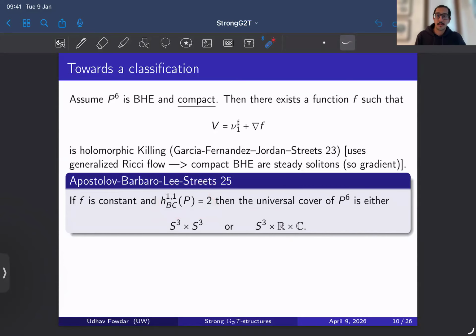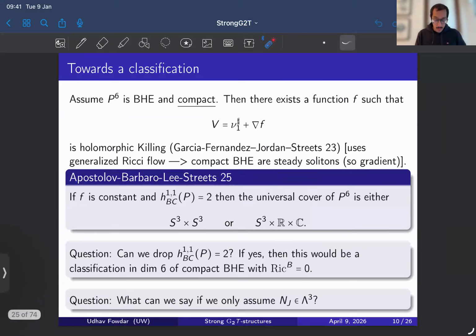The dimension of the space of (1,1) Bott-Chern cohomology has to be 2. They have this extra assumption, which has to do with the transverse geometry of the manifold. I don't know the answer to this question: it would be interesting to see if you can drop this assumption. If you drop the condition that H^{1,1}_{BC} is 2, is it still true that these are the only two examples?